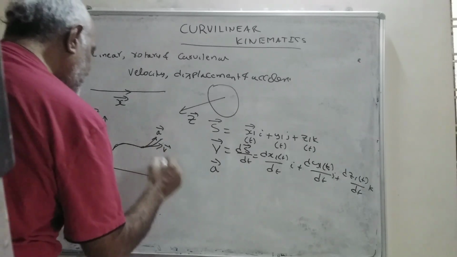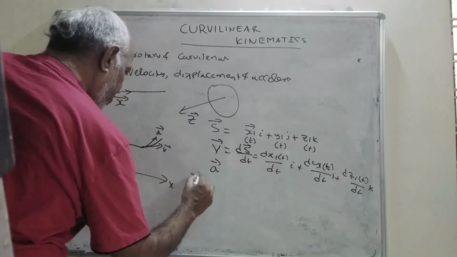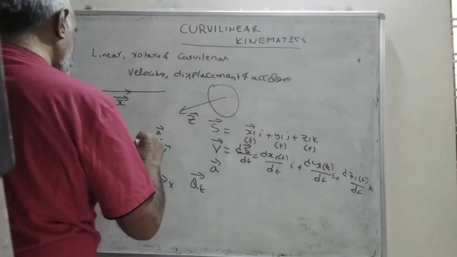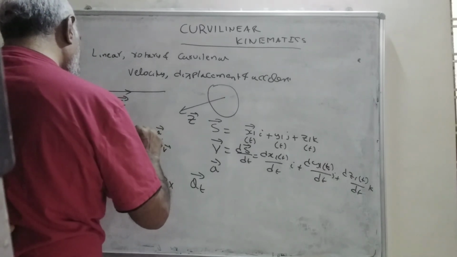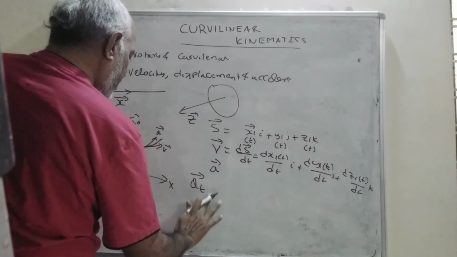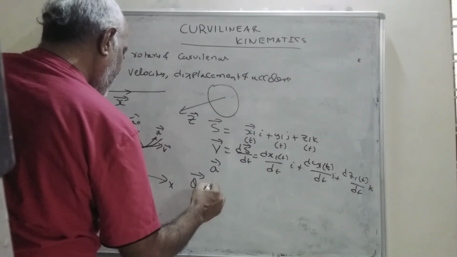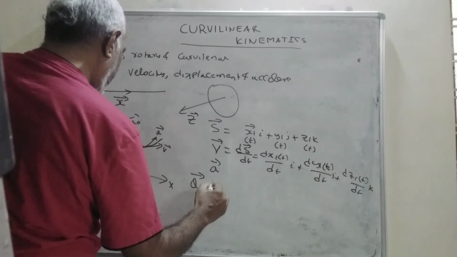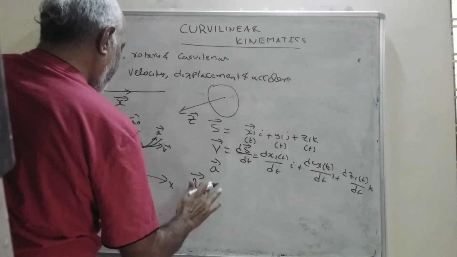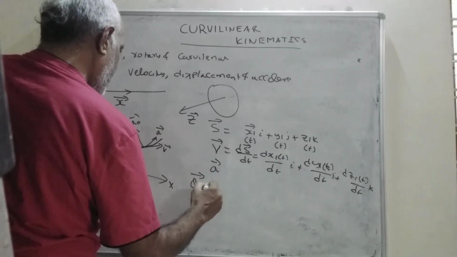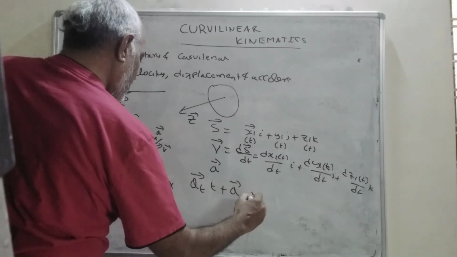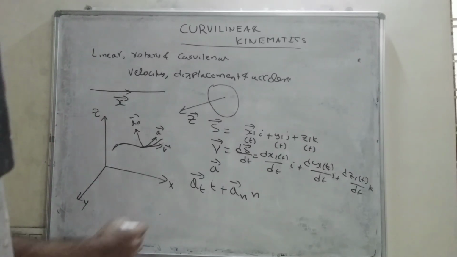One is tangential acceleration, a_t, and another one is the normal component, a_n. So the acceleration is a_t t plus a_n n, where t and n are unit vectors.